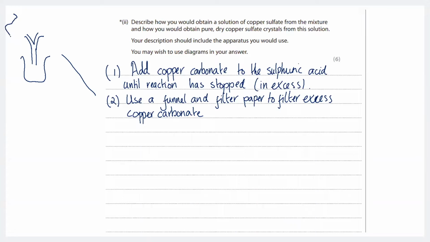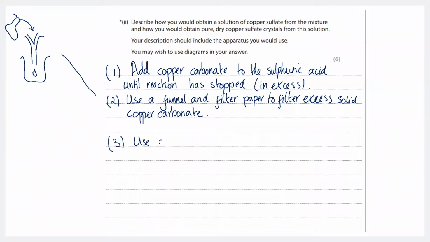So you put the solution into there and it will drip through. Okay. So it has to get the solids off, the excess solid copper carbonate. So there's two things you do after this.